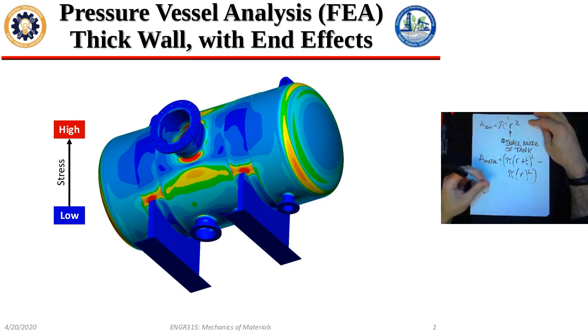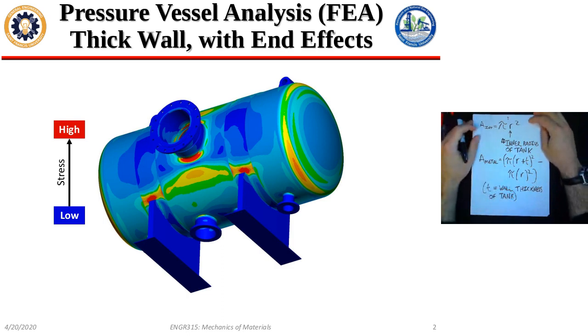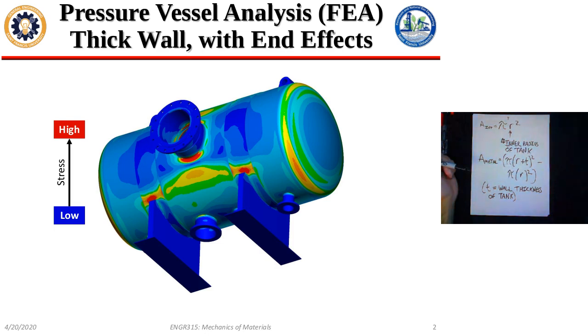Where t is the wall thickness of the tank. However, we don't have to be as intense because we assumed a thin wall. We assume that the difference between these two is small. So conveniently, we don't have to worry. We can simplify this a little bit.